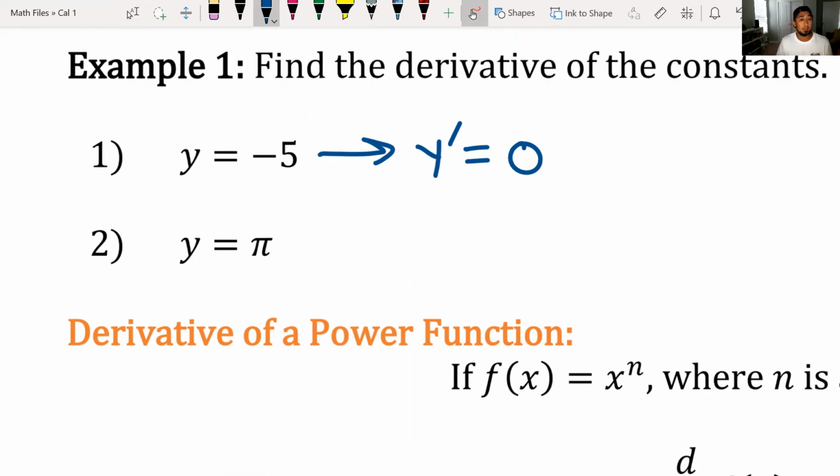Okay. Example 2, same thing. y equals pi. Pi is a number. Pi is a constant. So since pi is just a constant, the derivative of pi is 0.